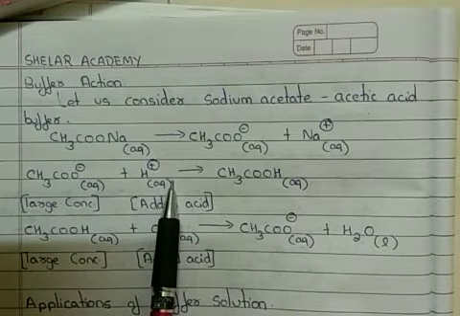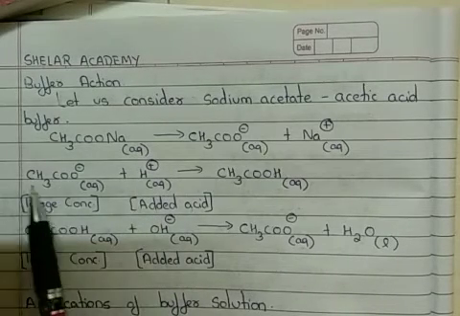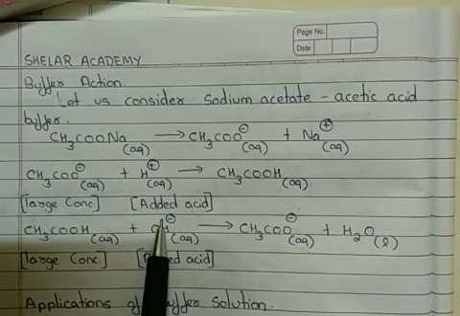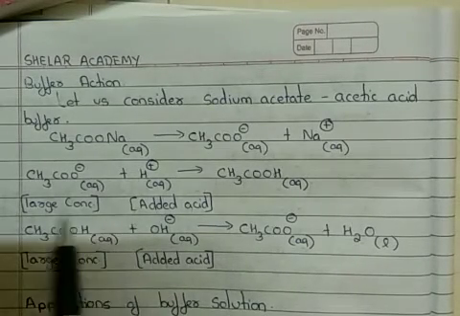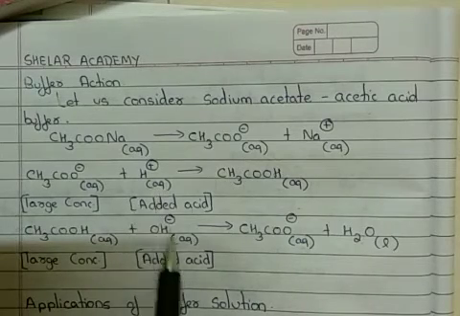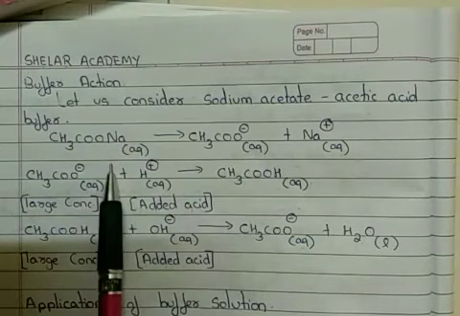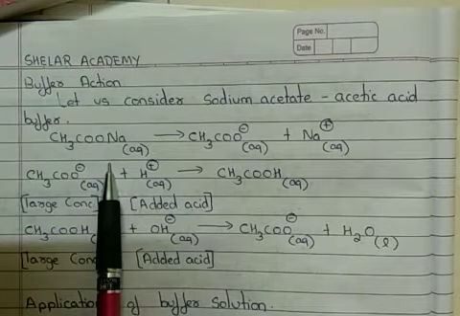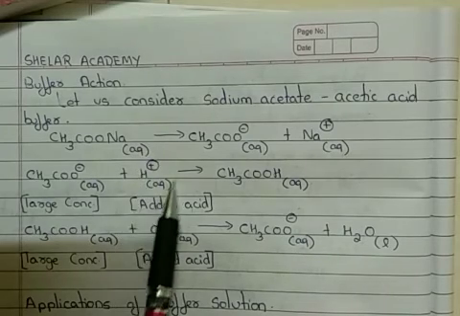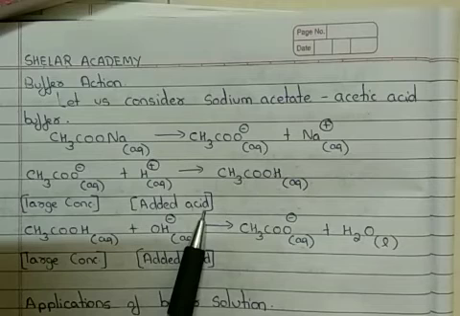So I repeat again, the small acid added will be neutralized by a large concentration of acetate ion, and a small base added will be neutralized by a large concentration of acetic acid. So this is how the acetate buffer restricts the change of pH due to addition of small acid or small base.